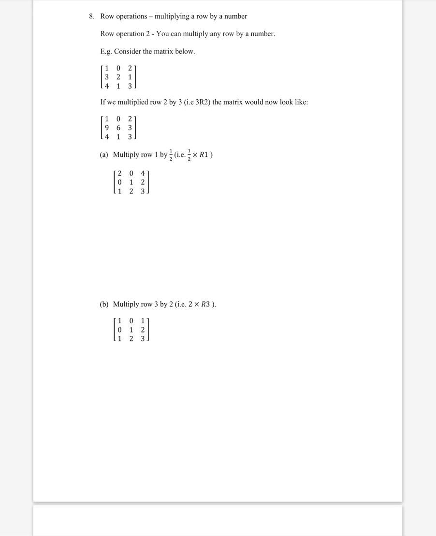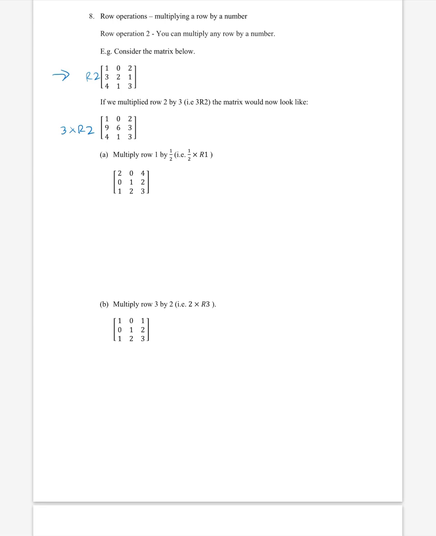A similar sort of concept happens here. So let's just consider this matrix here. Now if we multiplied row 2 by 3, so the operation is 3R2, the matrix would look like this. So we've taken row 2, which is this one here, and we've timesed it by 3. So we've done 3 times R2. So 3 has become 9, 2 has become 6, 1 has become 3.